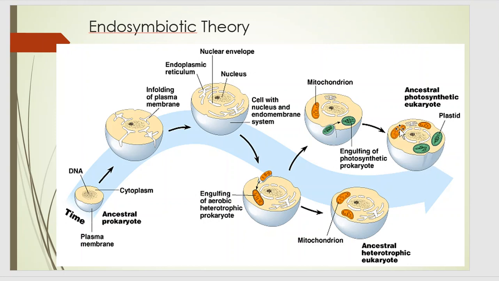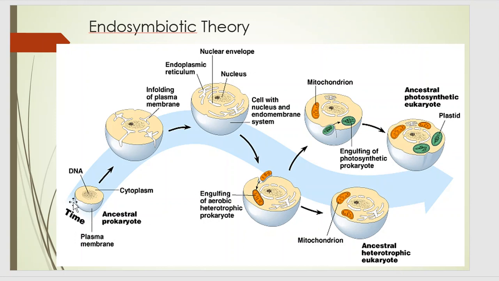And you can see that they eventually turned into a mitochondrion and the plastid, which is the chloroplast. So this turned into a photosynthetic plant cell, and this turned into an animal cell. You can see that this one does not have chloroplast, so this became an ancestral heterotrophic eukaryote. This all came from the prokaryote.